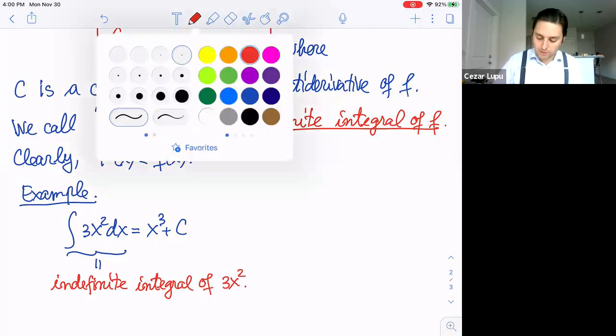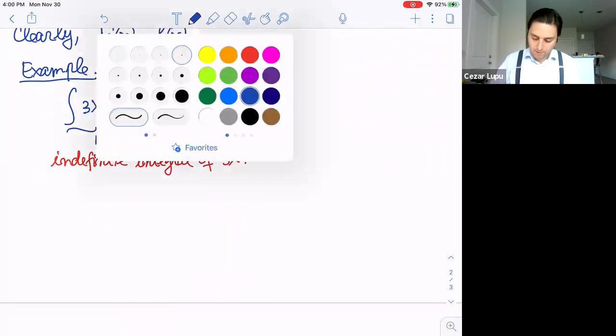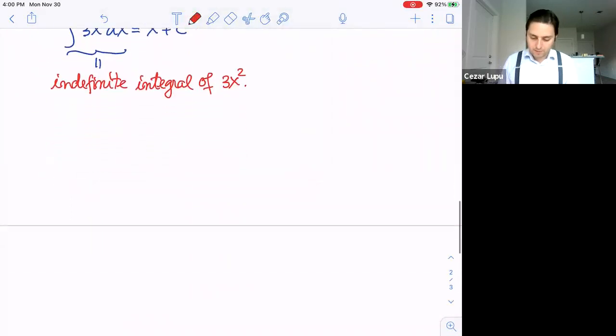And now let me draw a picture so that you can see it clearly. In fact, let me write with the red again. So here I have f of x is 3x squared, right? And here, let's say I have capital F of x is x cubed plus a constant, right?